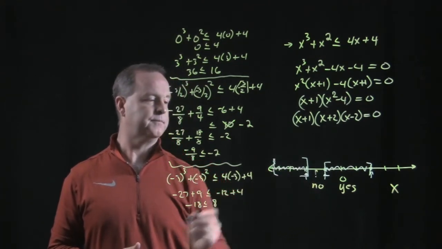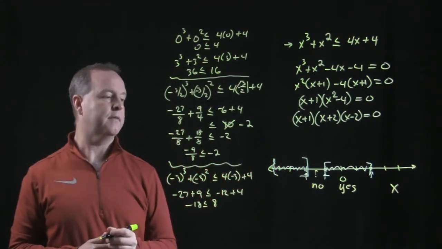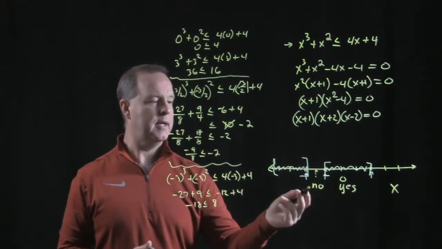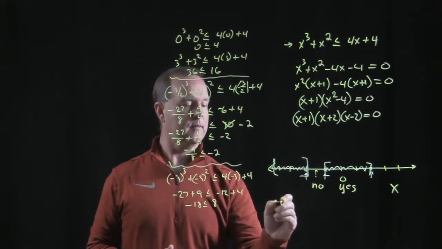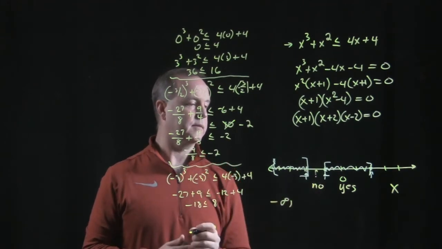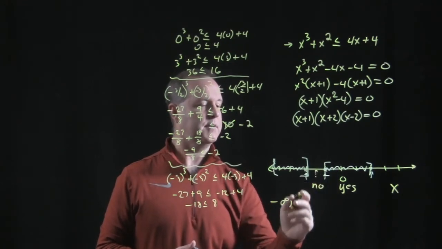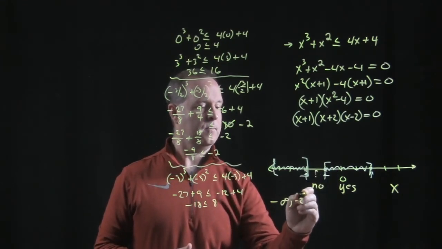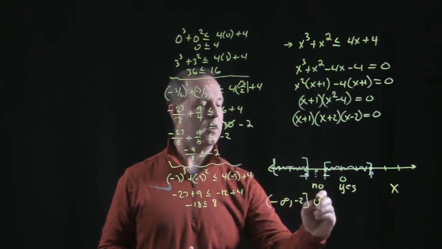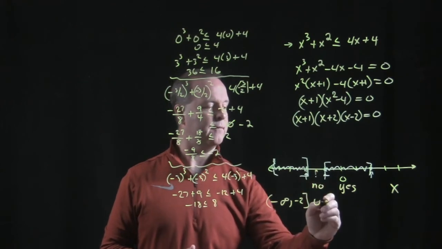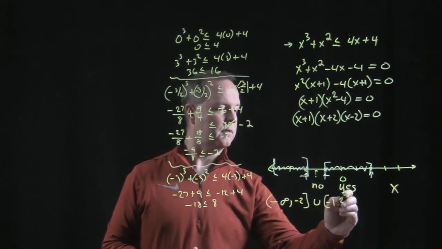And then to write my solution in interval notation from the graphical solution, it would be negative infinity to negative 2, inclusive, or the solution is over here from negative 1 all the way over to 2, inclusive.